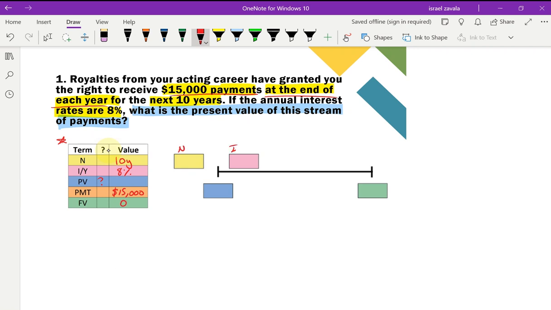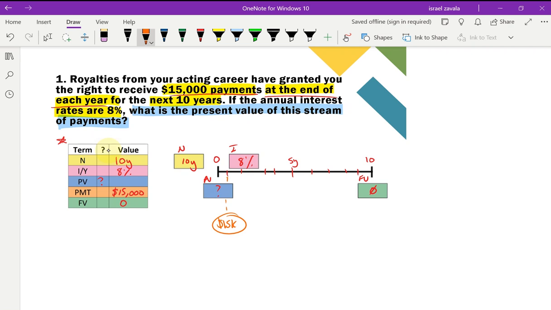So let's put our terms in here. 10 years, 8%. Present value is what I'm looking for. There is no future value. Remember, this is 10 years, so we have time 0 here, year 10 here, and in the middle, year 5. Let's add some years. We have to put our stream of payments here, so let's put our first payment, $15,000.